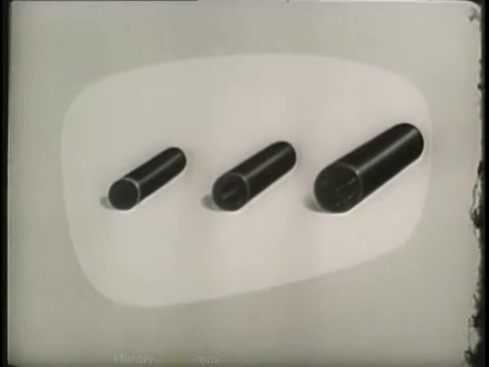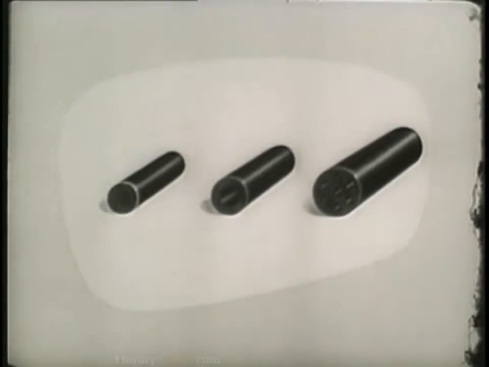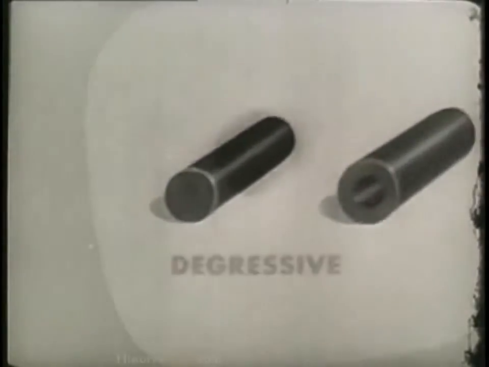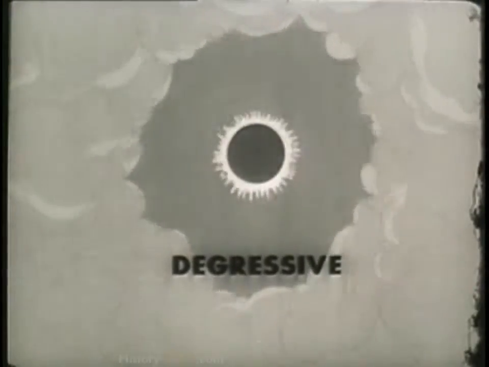But grain design also affects the rate of burning. In general, there are three types of grain: a large grain with 7 holes, a medium-sized grain with 1 hole, and a small solid grain called a degressive grain. When ignited inside a gun, it burns fast and the pressure rises rapidly.